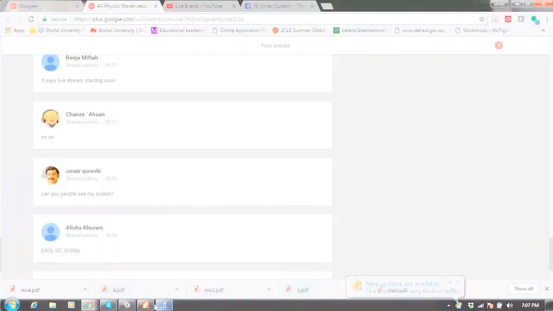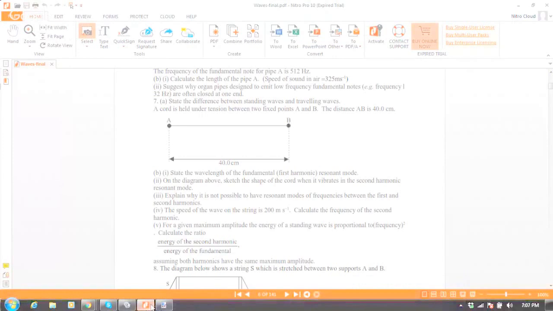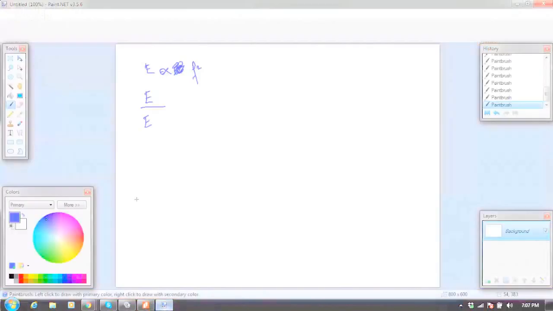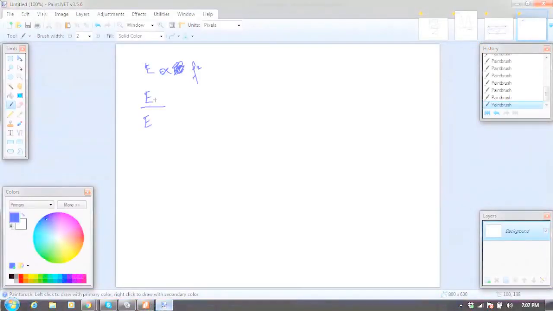So find the ratio of energy of second harmonic divided by energy of first harmonic. So energy of second harmonic divided by fundamental frequency means frequency of second harmonic square divided by frequency of fundamental frequency square.